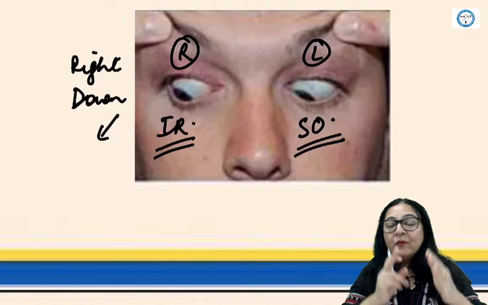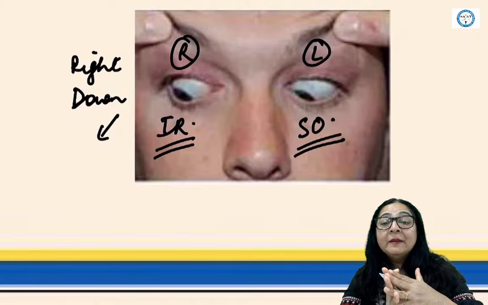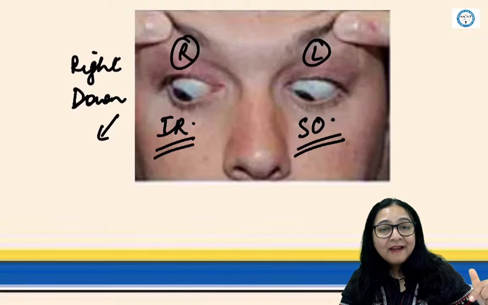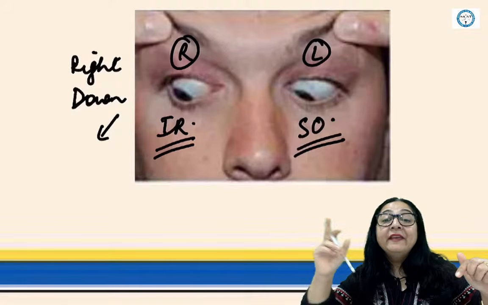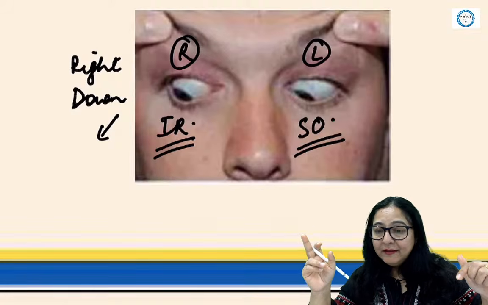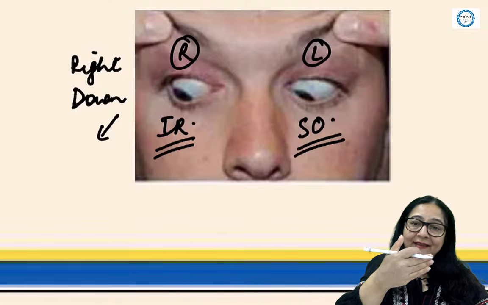This is one of the cardinal positions of the eye. One particular muscle will be acting in this position. If it is right and down, then right eye inferior rectus and the yoke muscle in the left eye will be superior oblique. Not medial, beta. Medial rectus will cause only adduction towards the right side.